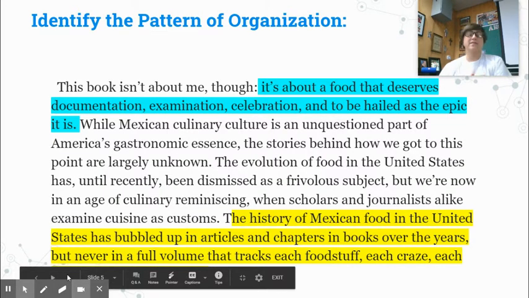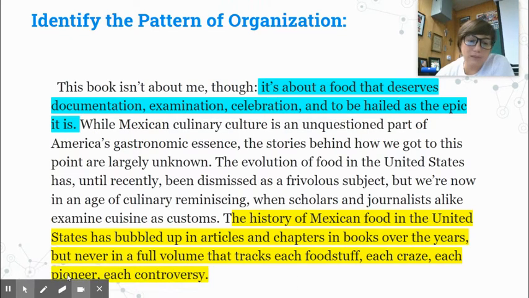Okay, and then the last pattern of organization paragraph. Okay, this book isn't about me though. It's about a food that deserves documentation, examination, celebration, and to be held as the epic it is. While Mexican culinary culture is an unquestioned part of America's gastronomic essence, the stories behind how we got to this point are largely unknown.